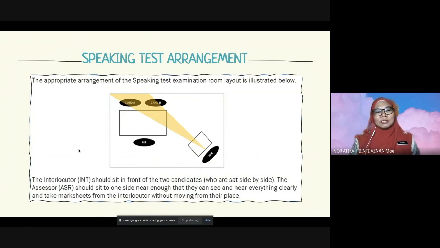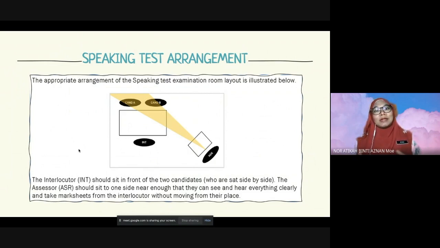The assessor should sit to one side, near enough that they can see and hear everything clearly, and take mark sheets from the interlocutor without moving from their place. So you can imagine that the assessor will be slightly at the back, at an angle that is strategic enough to observe the overall setting that happens in the room.